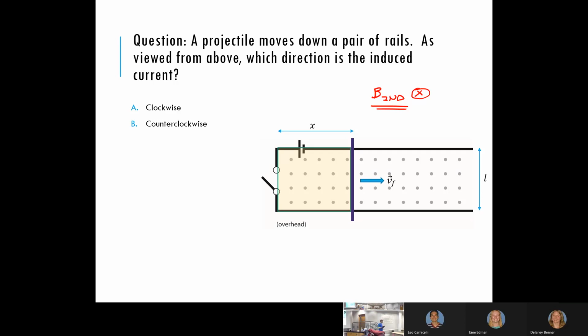You think of grabbing the bottom part of this bar, curling your fingers over, and it'll point into the board inside that loop. So to produce this induced field to oppose the change, the induced current, now I have to be careful, right?